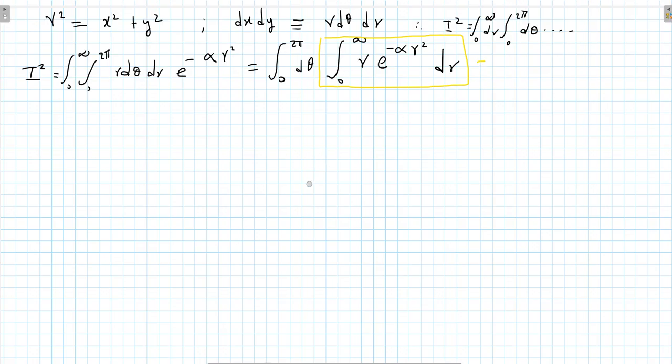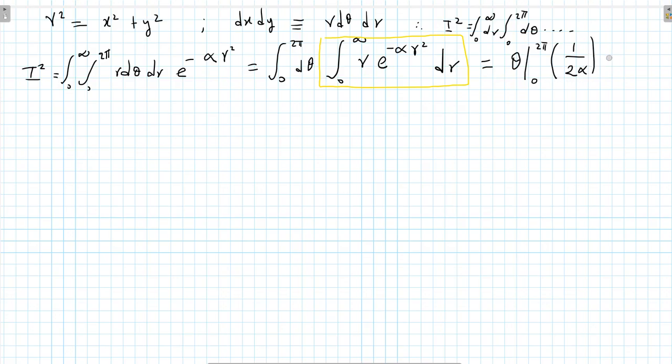So when you integrate the part of d theta, the answer is going to be theta, but you are integrating from 0 to 2 pi, and the part in yellow, as we have seen, the answer is going to be 1 over 2 alpha.